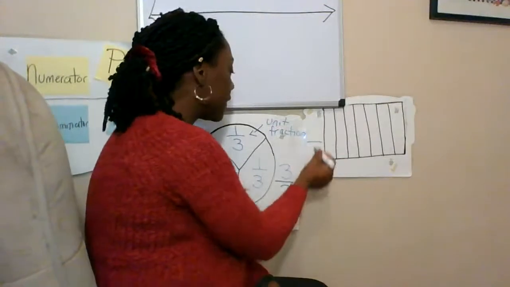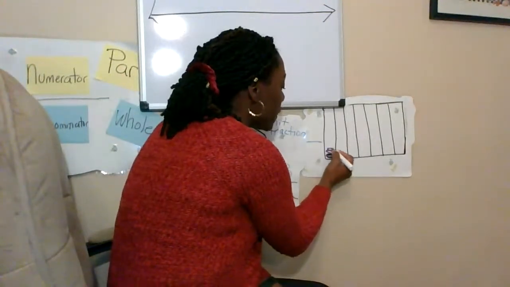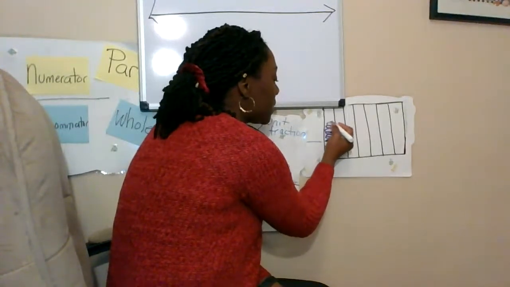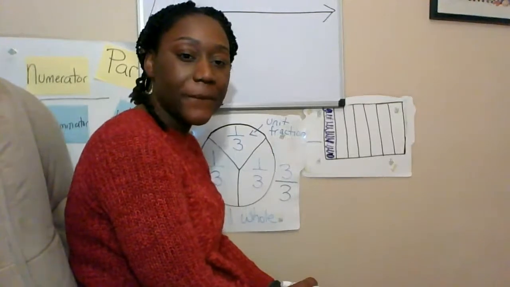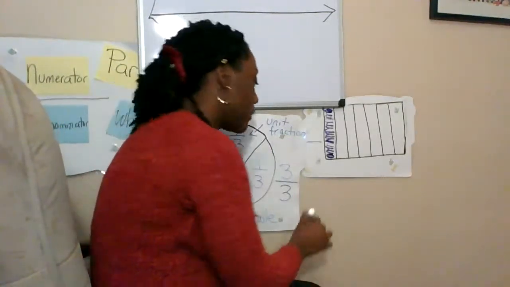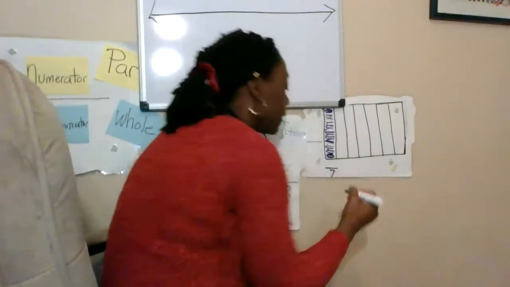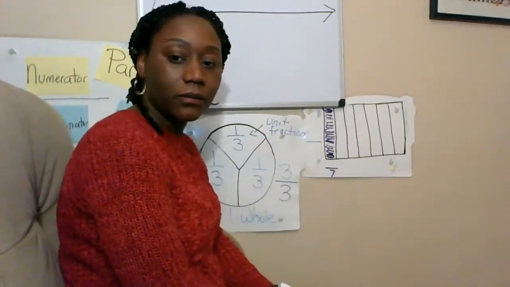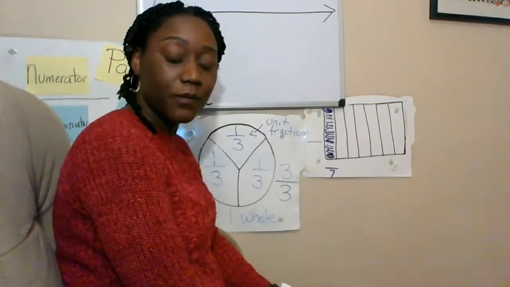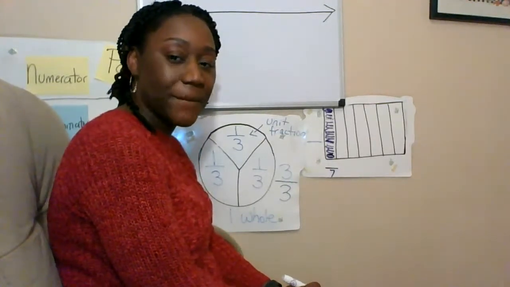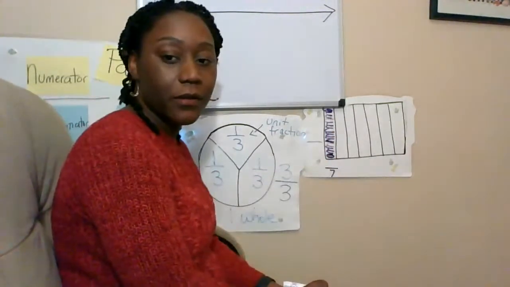So when I put the 7 for this unit, just this one unit, how should I label this unit fraction? So we know the denominator will be 7. What's the numerator? How many parts did I shade? Just for this one unit fraction.